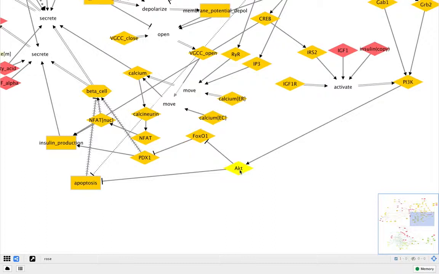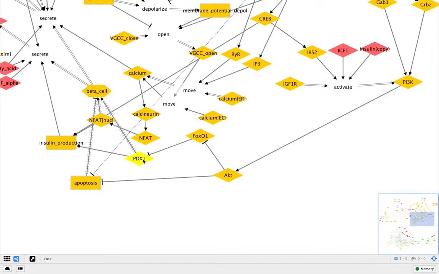So AKT activates PDX1, which further increases the production of insulin by proliferating the beta cells. And AKT also inhibits the apoptosis, the death, of the beta cell, which further increases the number of beta cells.